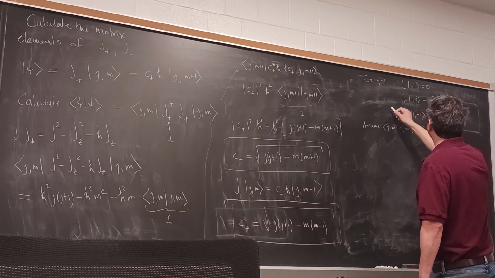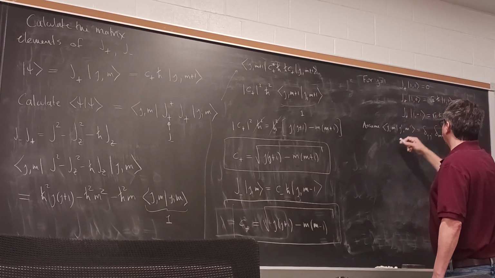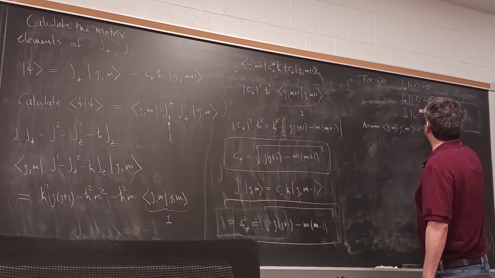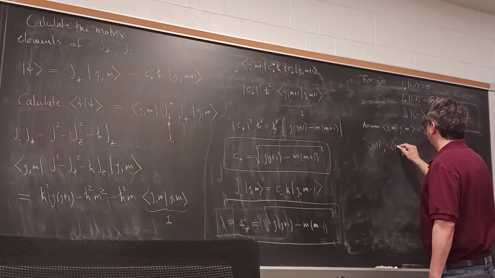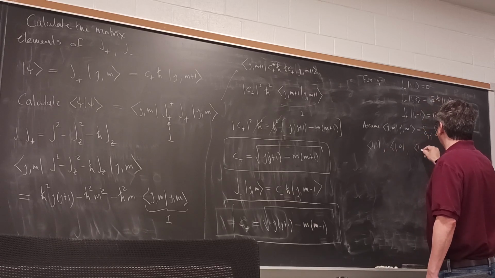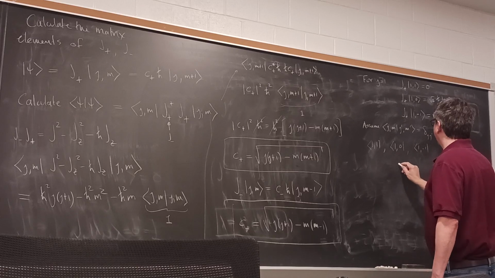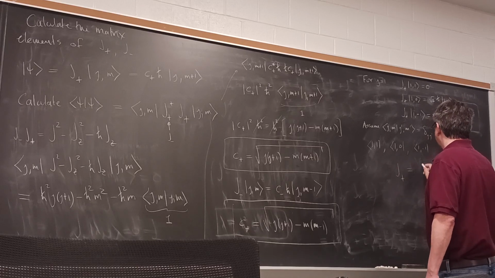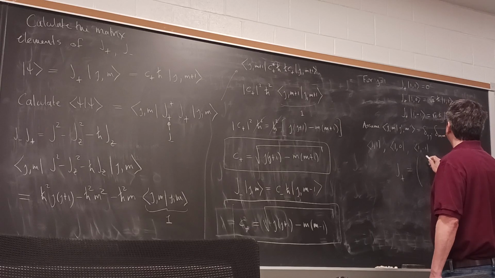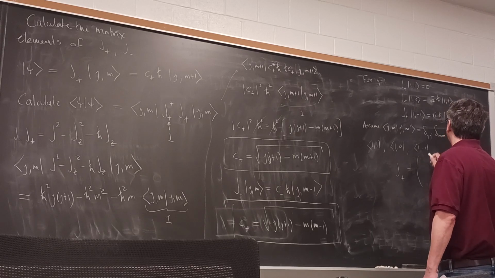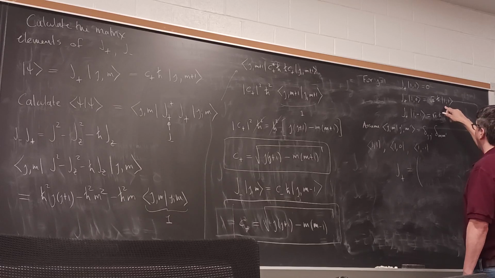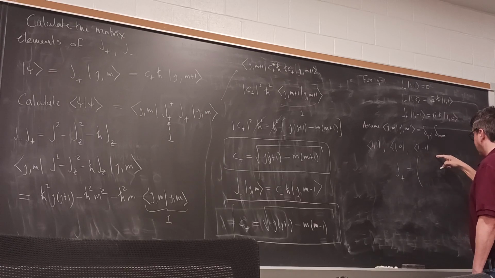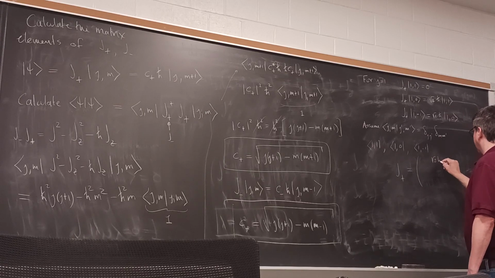Now if you just take the inner product with all of these basis states turned around, you'll find J plus is equal to, it's only going to give a contribution when 1, 1 with 1, 0, so this will be a root 2 H bar.